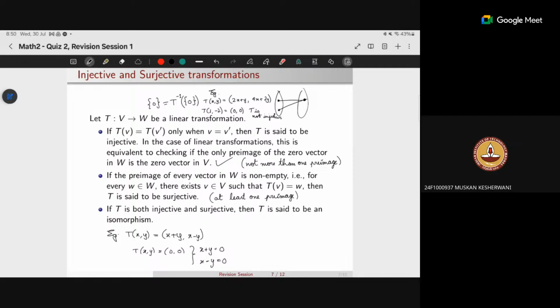Yes. In general, for functions, you're right. It has to be at most one. And for surjective, it should be at least one pre-image. What does that mean? It means that if I set up a system of, once again, when you're given some linear transformation, the components will be linear expressions, right?